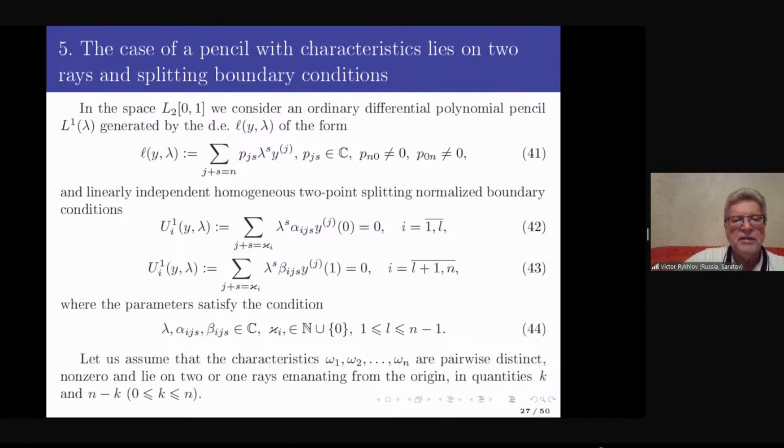The case of a pencil when characteristics lie on two rays and splitting boundary conditions. It's an application of the previous theory.